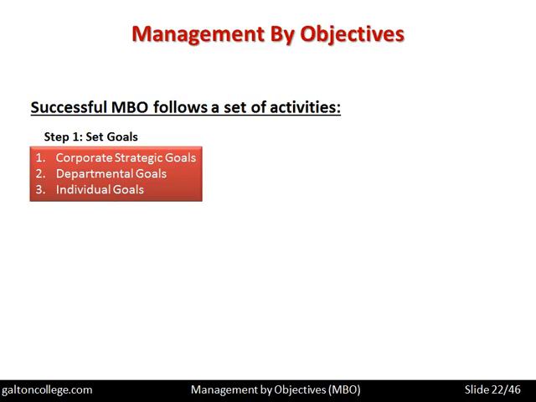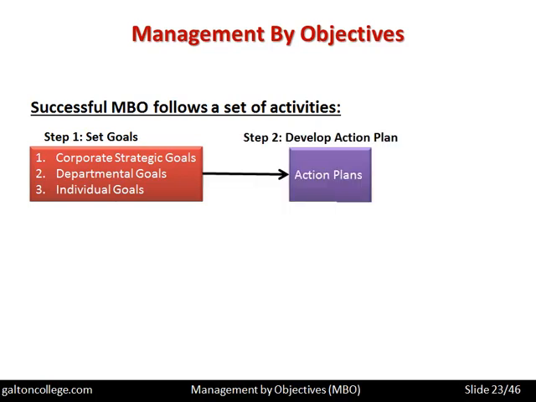And there should be no contradiction between them. These are supporting each other. The individual goals are supporting the departmental goals. The departmental goals are supporting the corporate goal. So it is a framework that is all moving in the same direction.